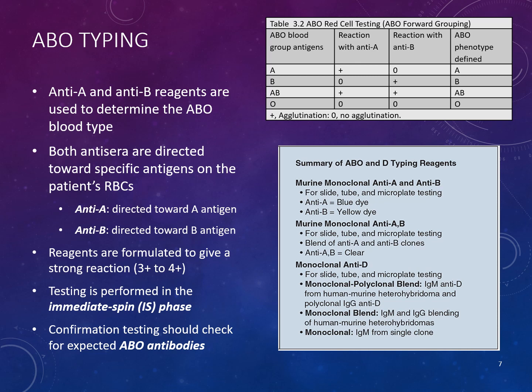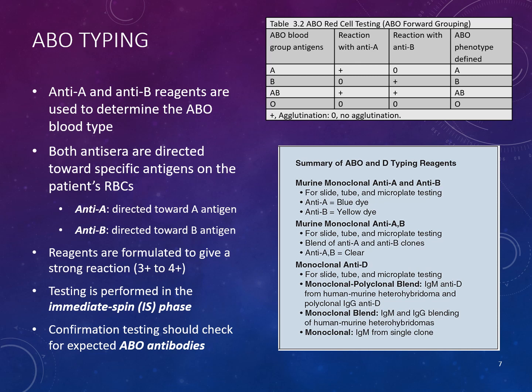Anti-A is directed against the A antigen, and anti-B is directed against the B antigen. We're looking for those reagents to have a formulation that gives strong reactions, those 3+ and 4+ reactions, which we will discuss in another lecture.